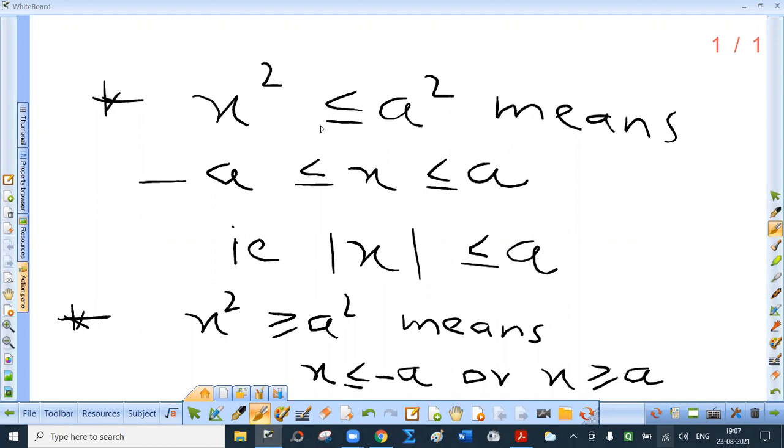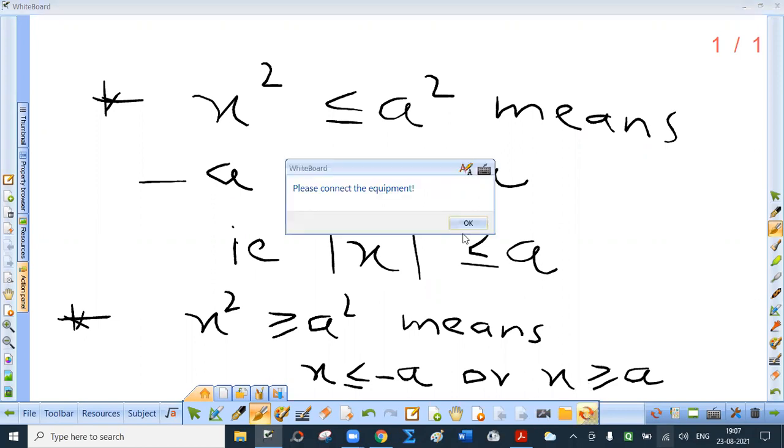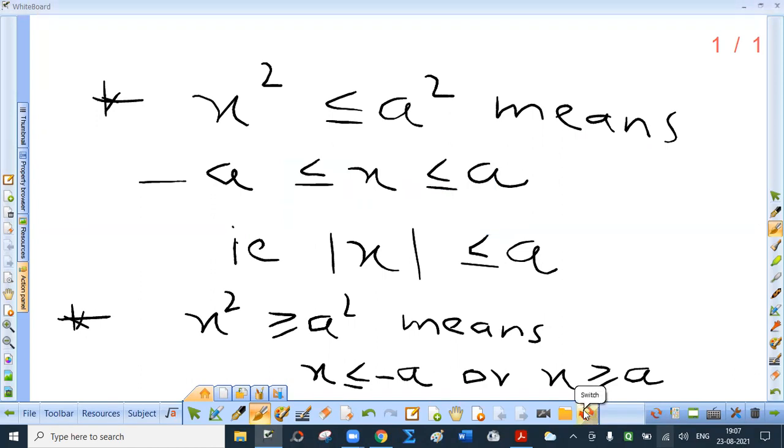If you do not know this logic, and if you want to use logic, it will take at least 2 to 3 minutes. And in CET, you get only 2 to 3 seconds for this. I hope you have written this.